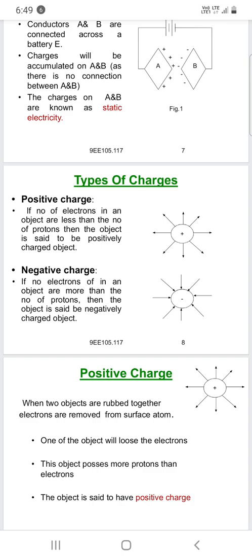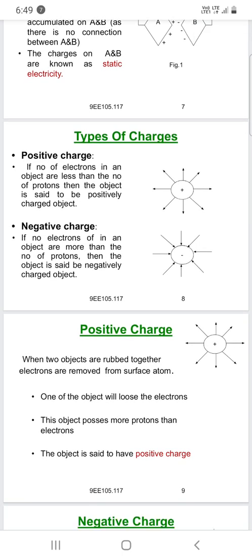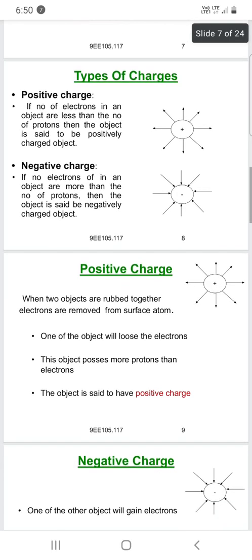Types of charges. What are the types? Two types of charges are there. The first type is positive charge, and the second type is negative charge.